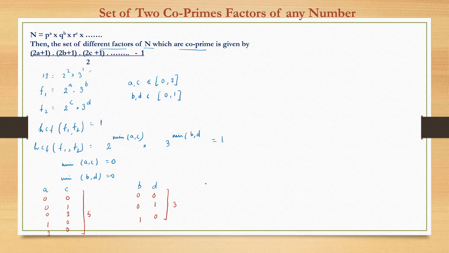So total number of cases, the number of ways, is nothing but 5 into 3, 15. But see here one thing, if we multiply 5 into 3, it will give two cases of 0 0 0 0, right?